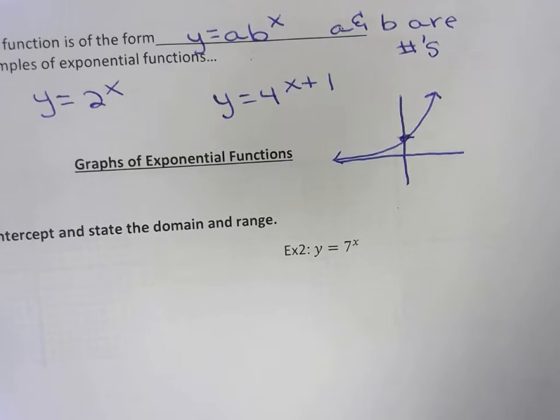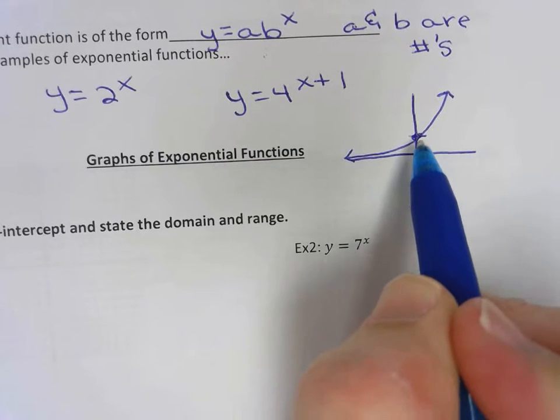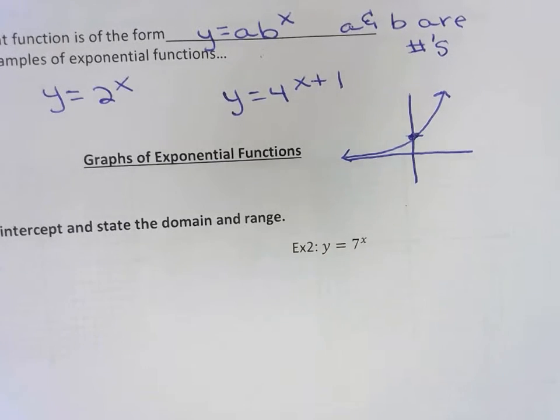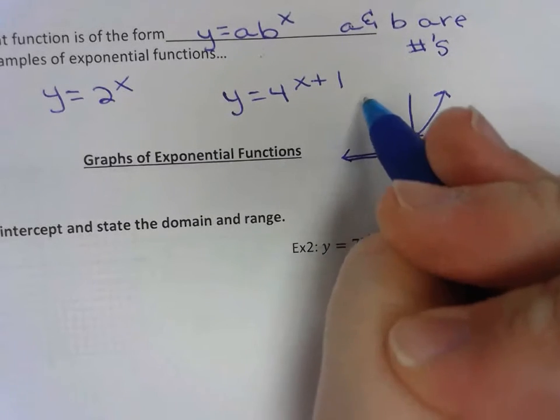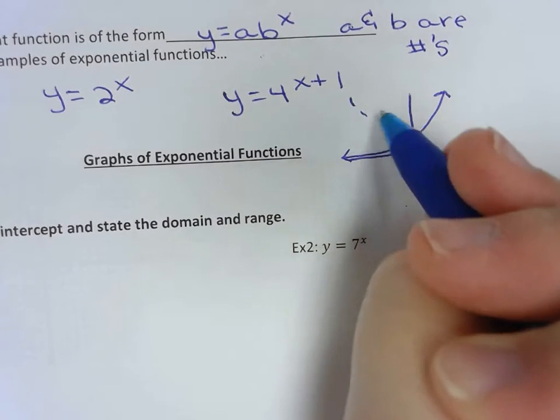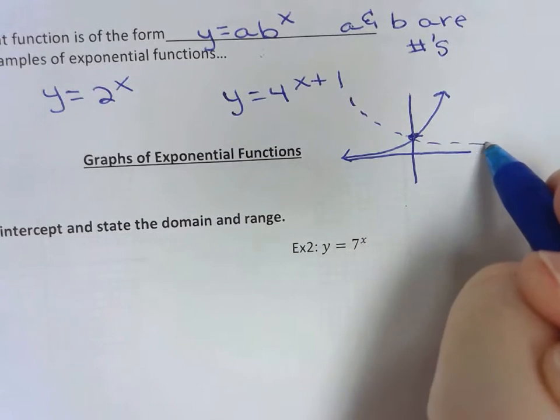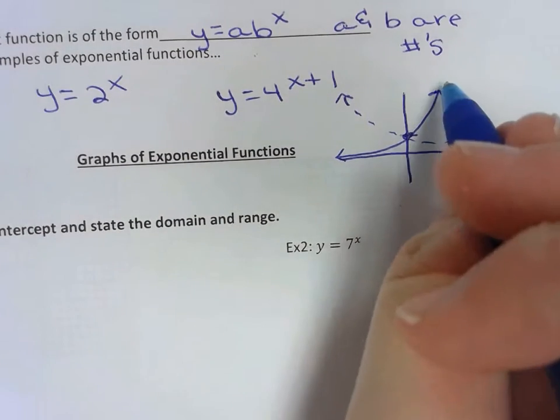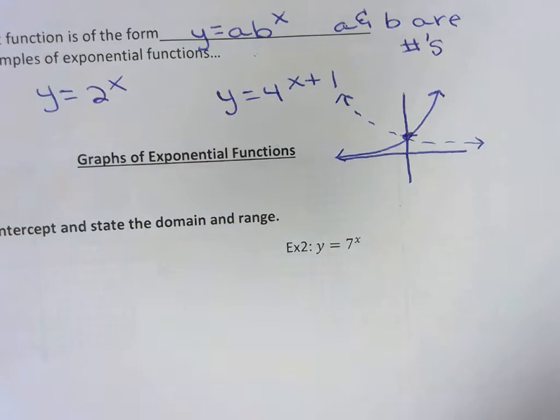When I graph an exponential equation, I'm going to get this curve. Usually they're going to go through 0, 1. Sometimes they won't, but usually they will. It might be flipped, so you might see it going downhill like this. We'll talk tomorrow about how you tell whether it's going to curve up or curve down.